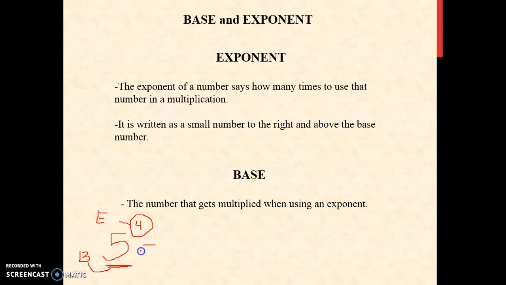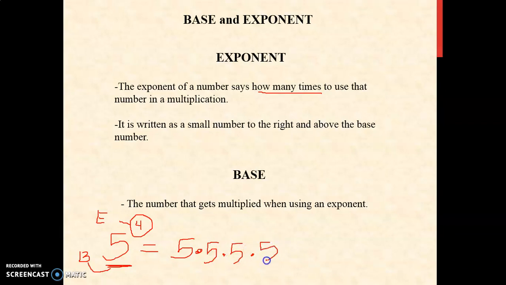Our 4 is our exponent. So what does the exponent mean? It will tell you how many times this number is to be repeated. Since our exponent here is 4, meaning we're going to repeat 5 how many times? 4.